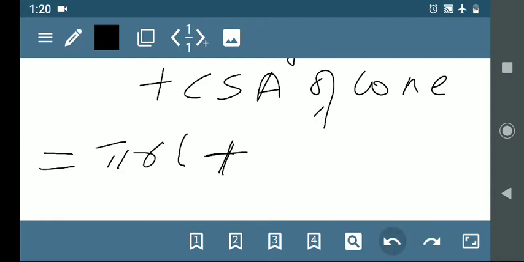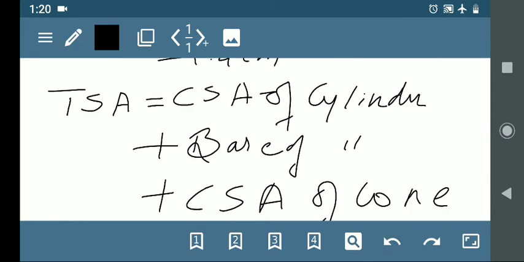CSA of a cylinder is 2 pi r h. I got a little confused by seeing the cone here.